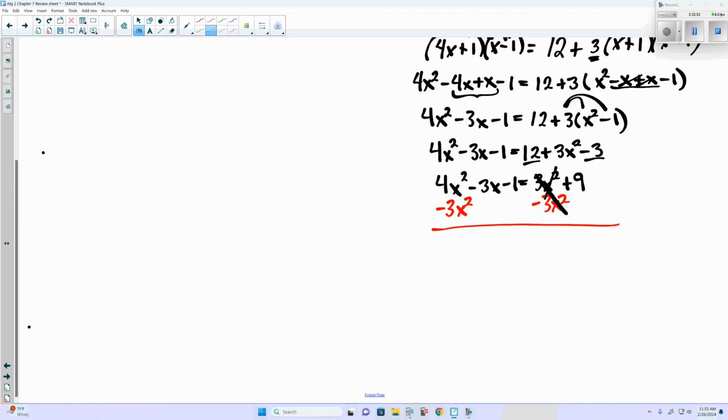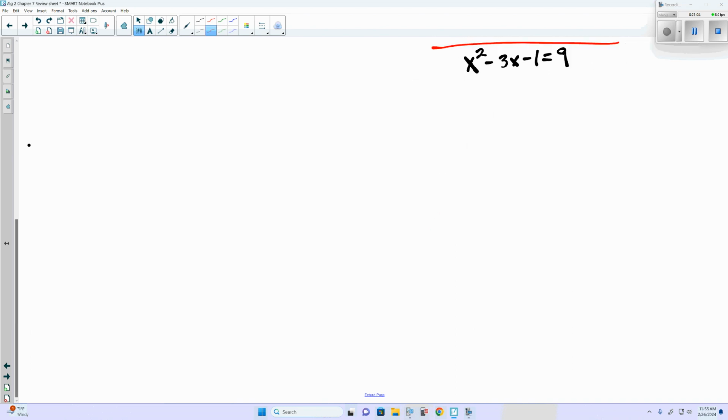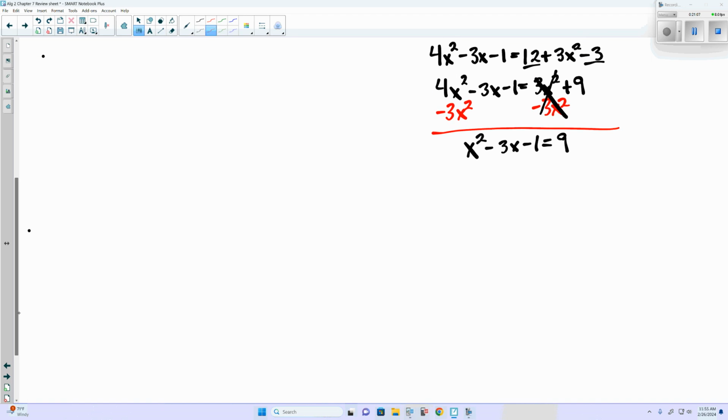Our 3x squared minus 3x squared is 0. 4x squared minus 3x squared is x squared. Telling us that we have x squared minus 3x minus 1. We haven't got it quite equal to 0, so we can subtract 9. Telling us x squared minus 3x minus 10 is equal to 0.